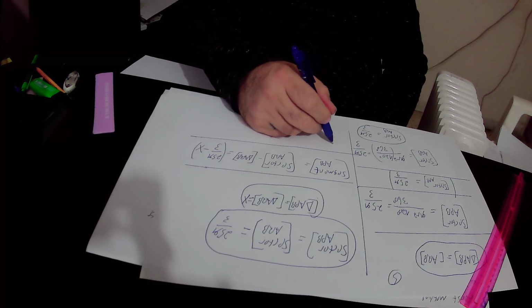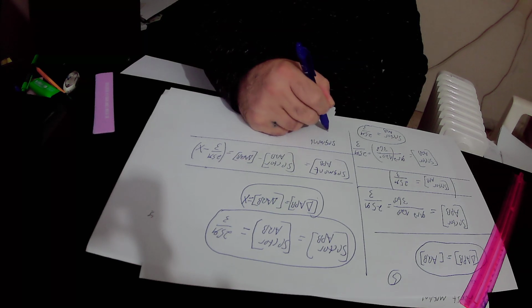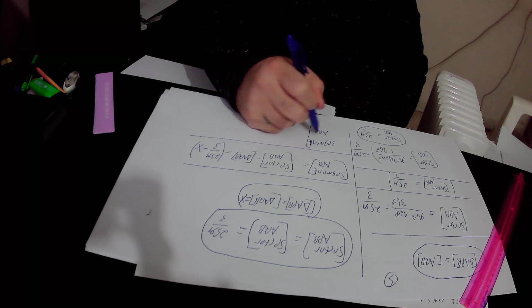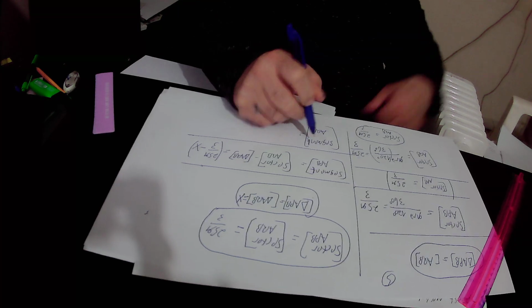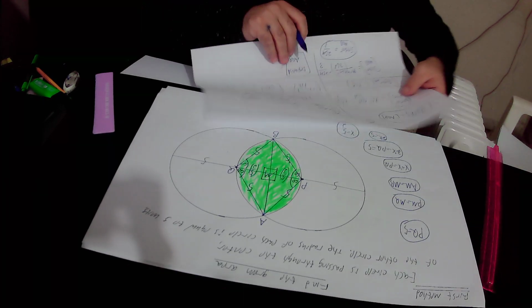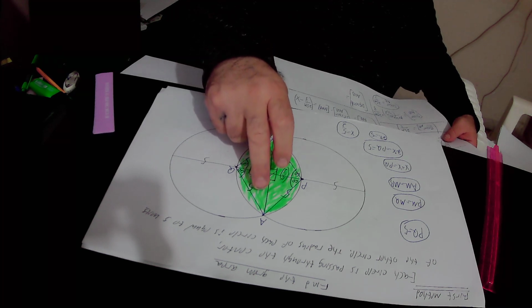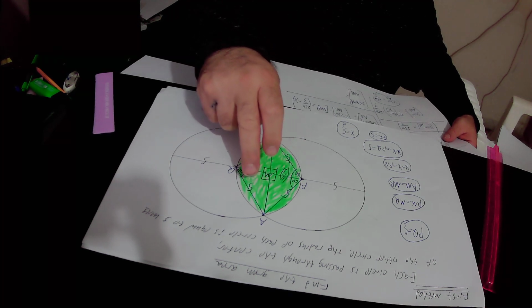And what is the area of segment AQB? The area of this segment is very similar to a semicircle, but it is not a semicircle.